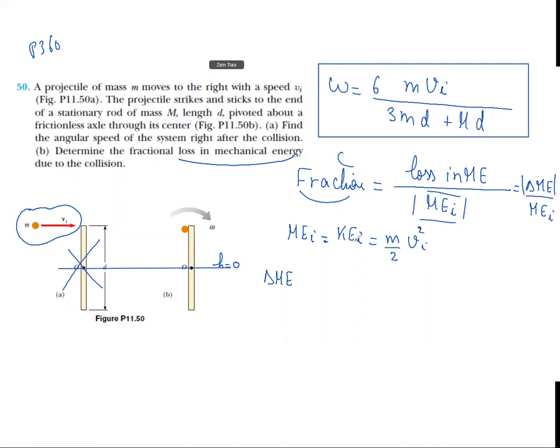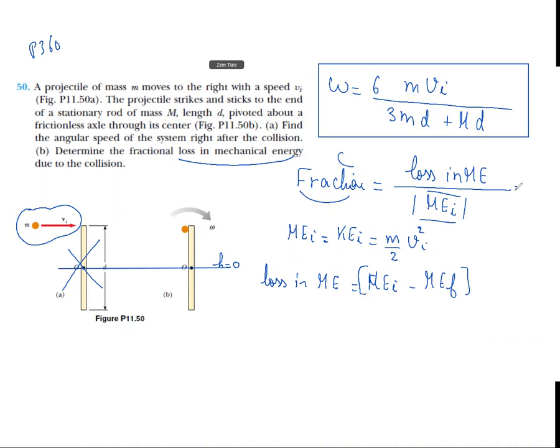In general, to have a positive value, you can say, it's better, the loss in mechanical energy equals the mechanical energy initial minus mechanical energy final. Okay?